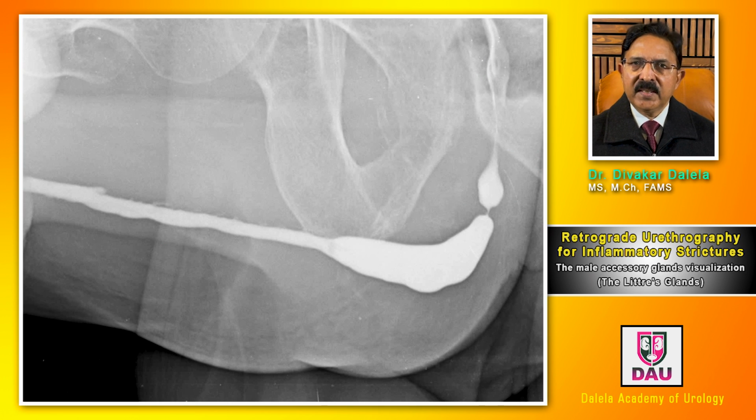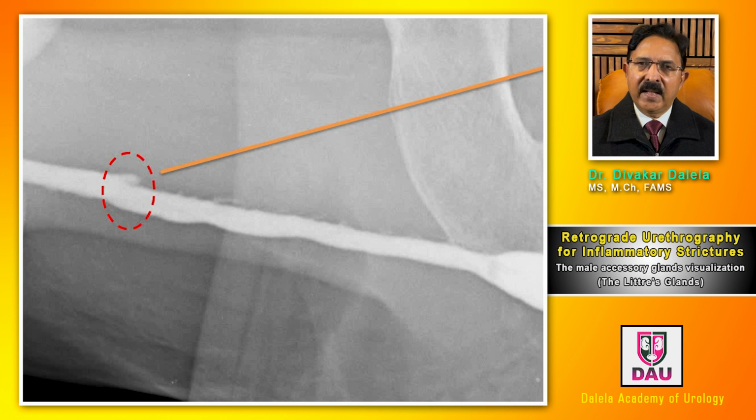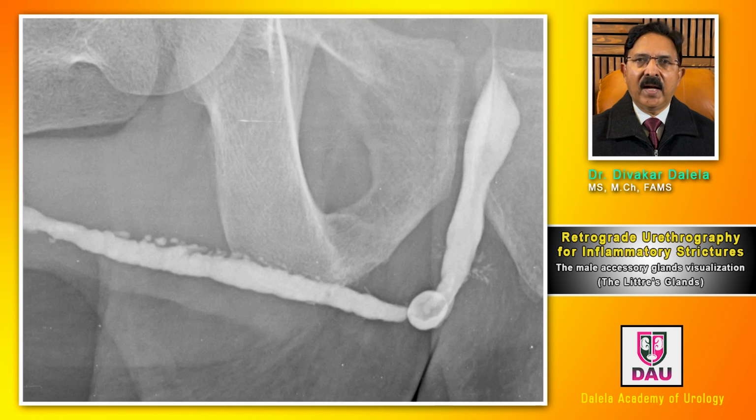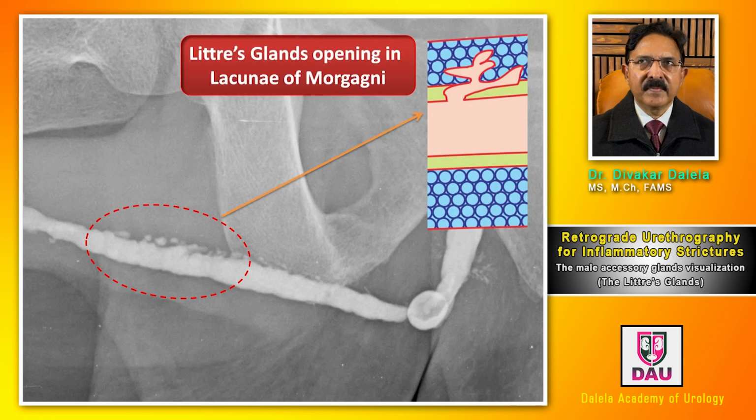If you look at this retrograde urethrogram film of another inflammatory stricture, and you see what is there within the red outline, this is again lacunae of the Morgagni. Now, if you look at this retrograde urethrogram film of another inflammatory urethral stricture, and you see what is there within the red outline, these are again Littre's glands opening in the lacunae of the Morgagni.